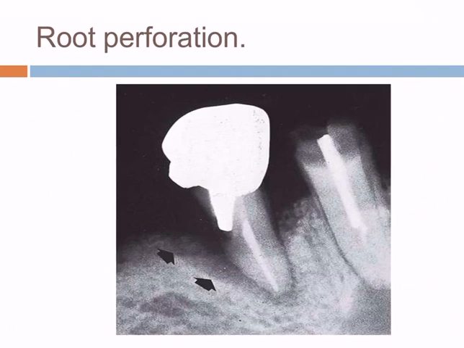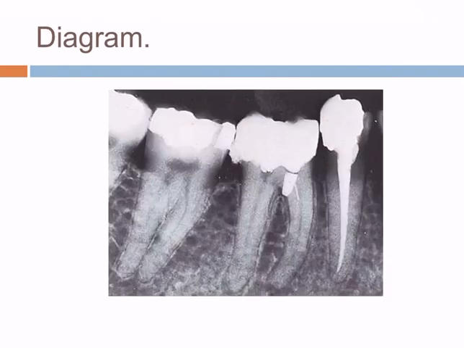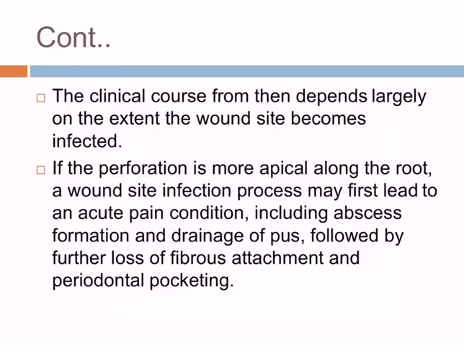So here you can see how root perforation, the furcation. So the clinical course from then depends largely on the extent to which the wound site becomes infected. Now, if it is a very slight perforation, after some time the body is going to heal itself, but it depends on the extent to which the wound is infected.